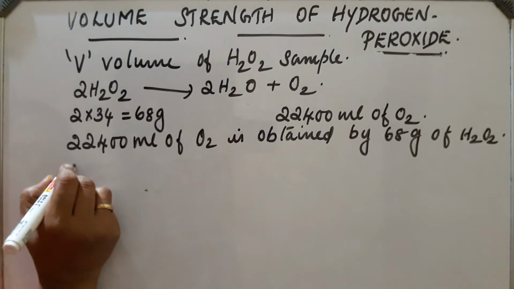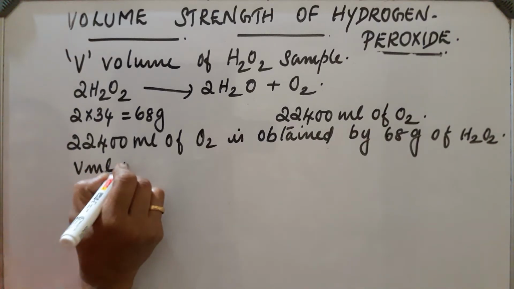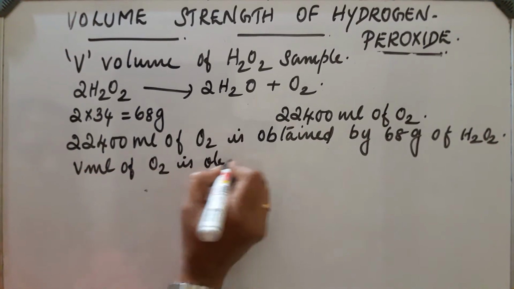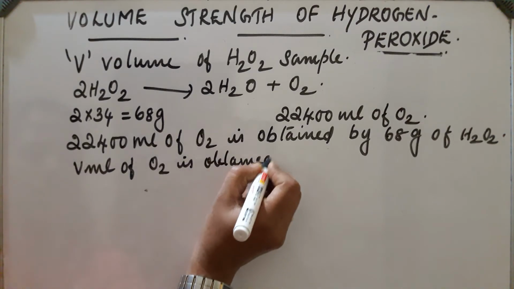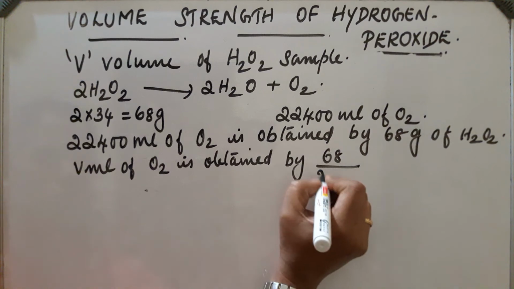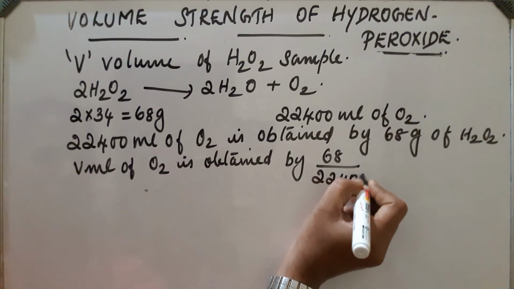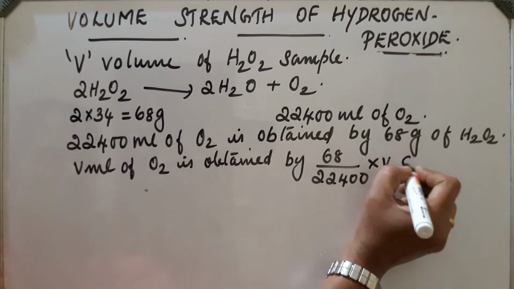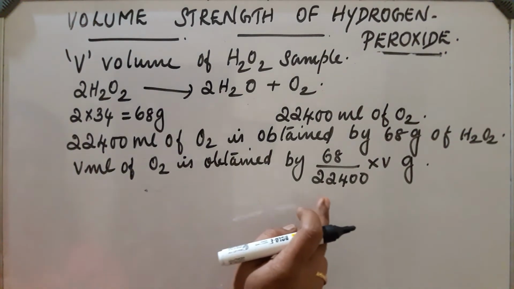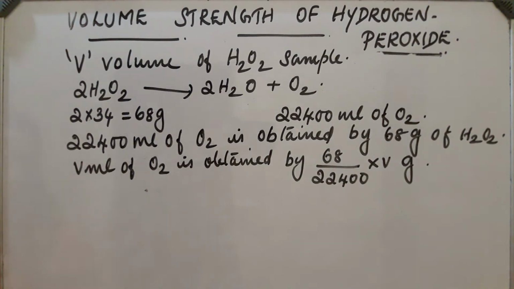So V ml of O2 is obtained by 68 by 22400 into V gram of H2O2.